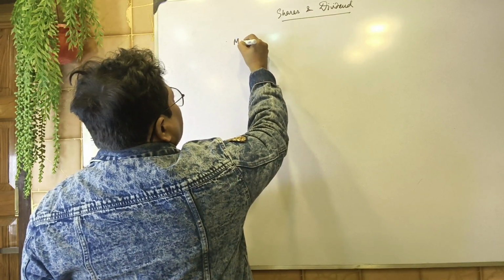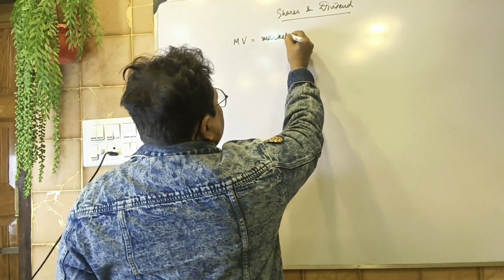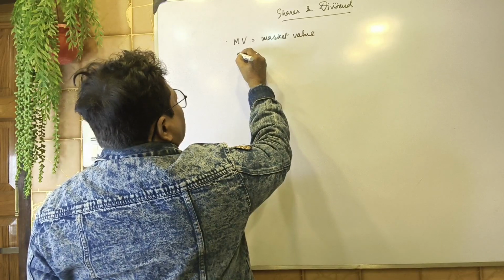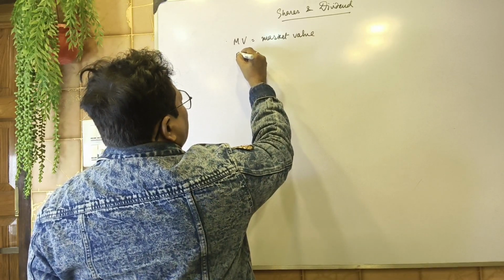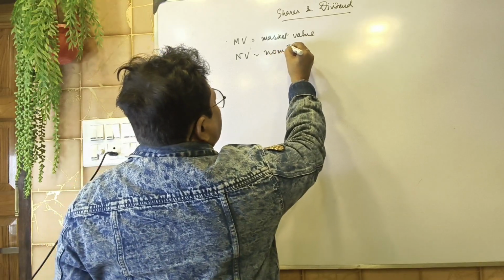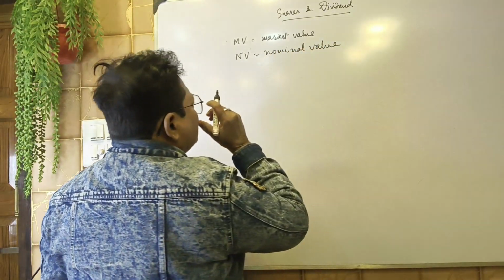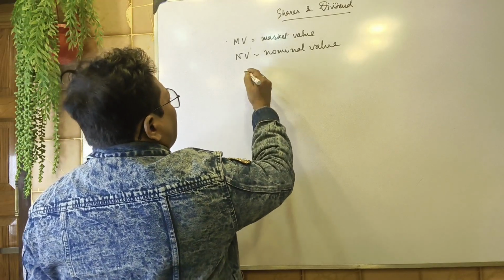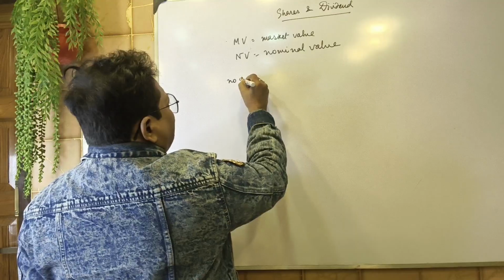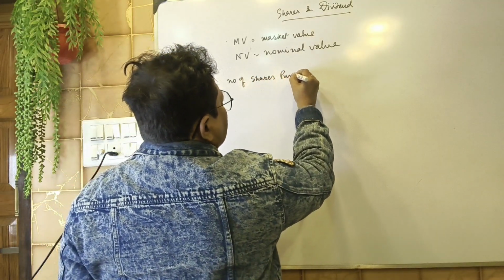Suppose MV is the market value, and NV is the nominal value of the share. Now, suppose there is the number of shares purchased.